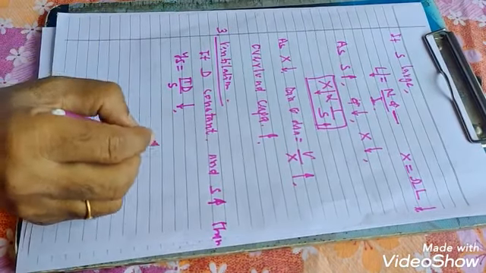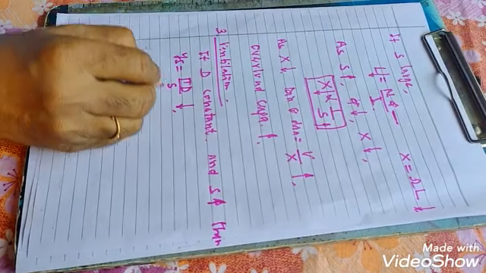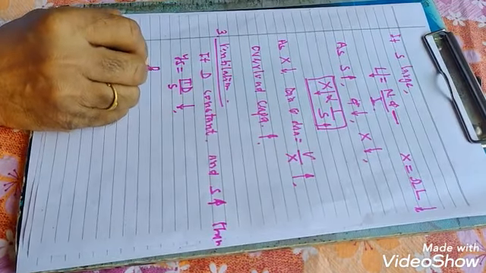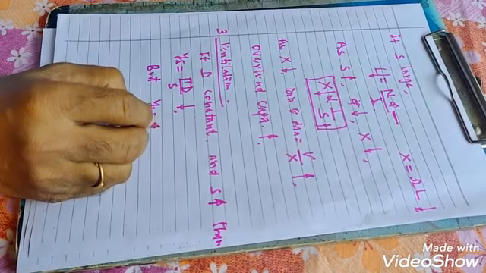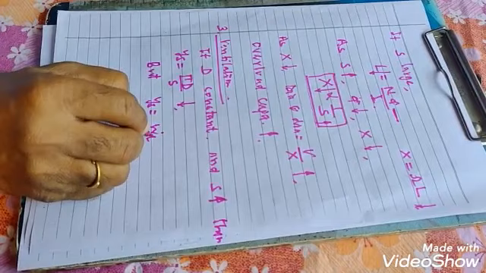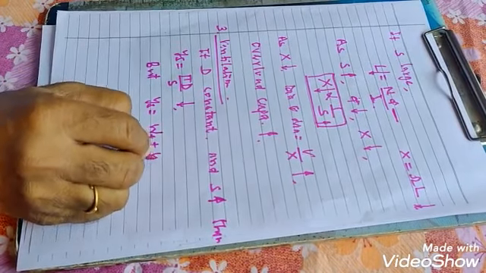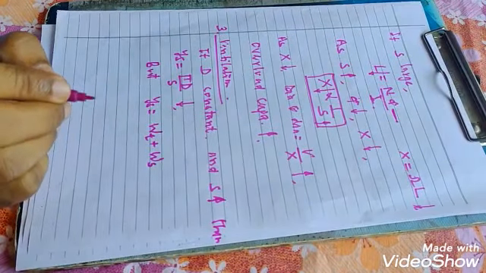And if slot pitch decreases, slot pitch YS is the width of teeth plus the width of slot.